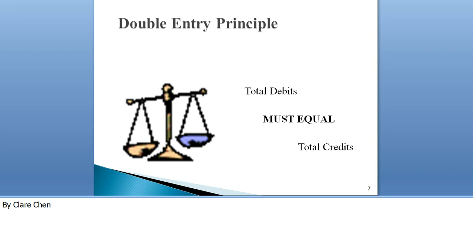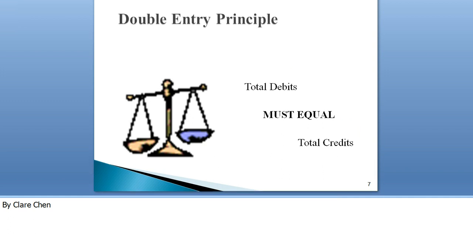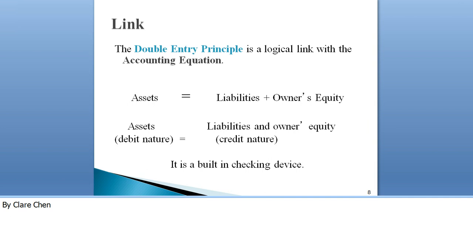Now, following from the debit and credit, the double entry principle states that in any transaction record, the total debits must equal the total credits. The double entry principle is a logical link with the accounting equation.